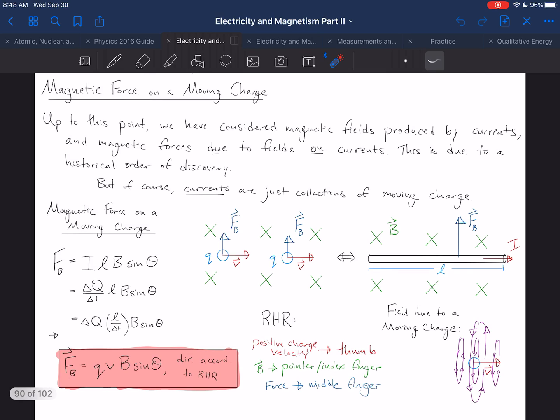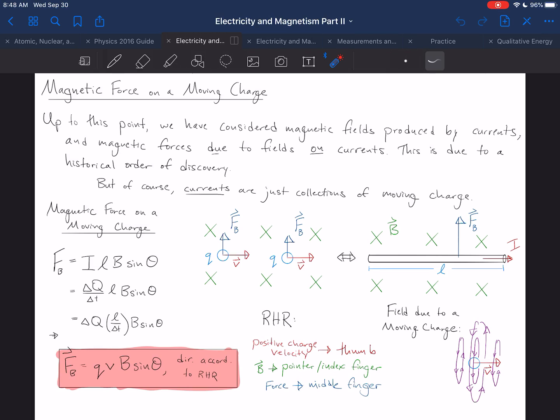And that can't possibly be how, fundamentally, the magnetic force and the magnetic field work, and as it turns out, it's not. The fundamental phenomenon is simply due to the moving charge that makes up the current. And that's both the field produced by the moving charge and the force on that moving charge.